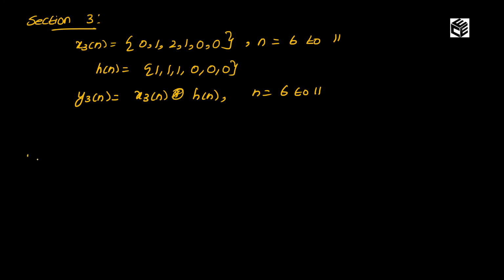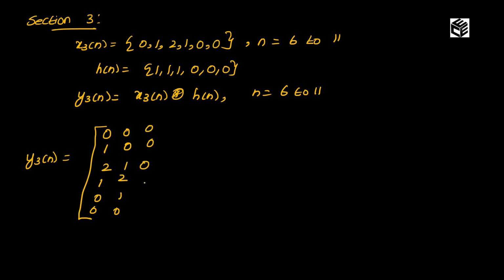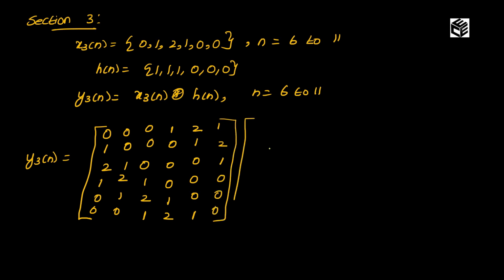Now I am going to perform the matrix method convolution. 0, 1, 2, 1, 0, 0, 0, 0, 1, 2, 1, 0, 0, 0, 0, 1, 2, 1, 1, 0, 0, 0, 1, 2, 2, 1, 0, 0, 0, 1, and 1, 2, 1, 0, 0, 0, which is multiplied by h of n. h of n is 1, 1, 1, 0, 0, 0.